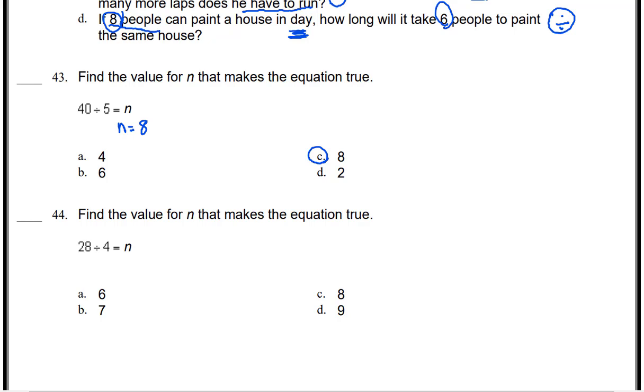Rida Sultan. Yes, go ahead. Find the value for n that makes the equation true. Okay, what's the equation?